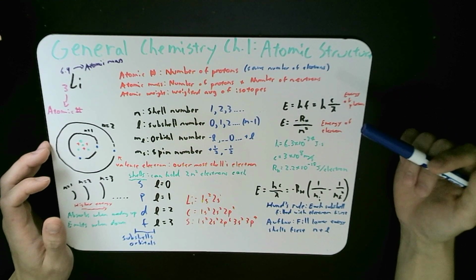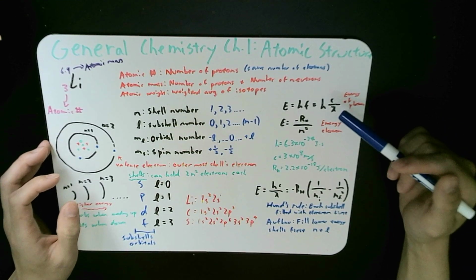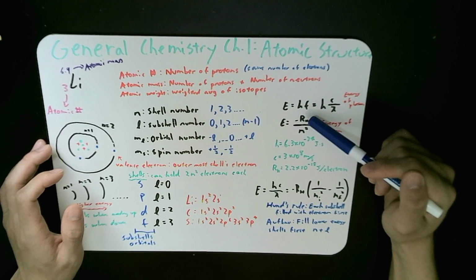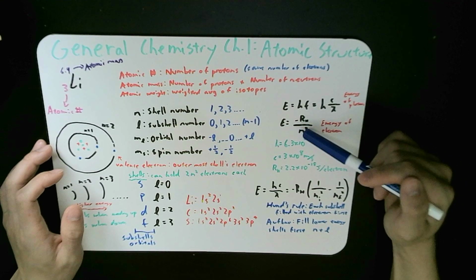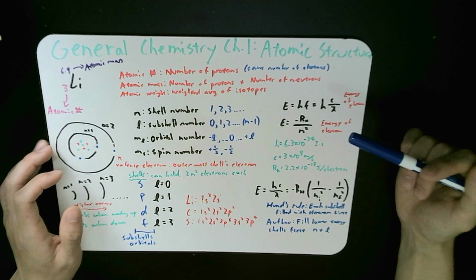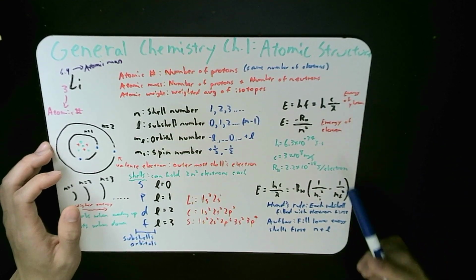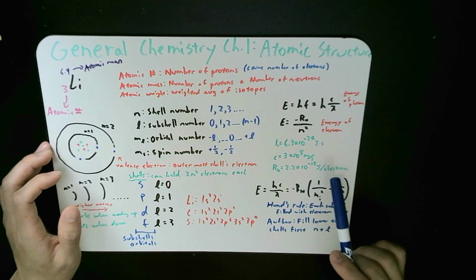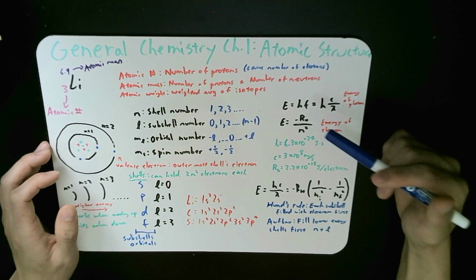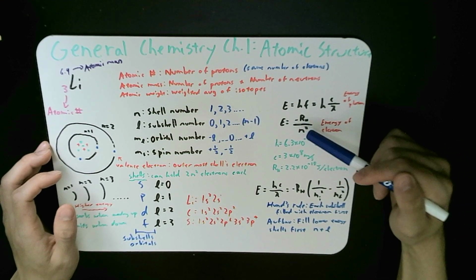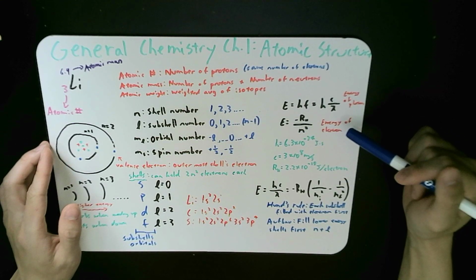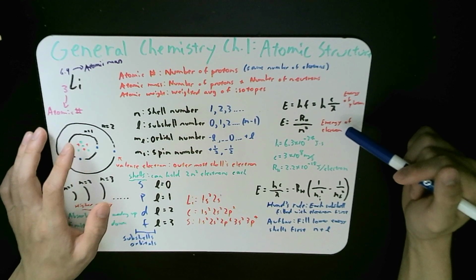We can also use Bohr's model of the energy of an electron, which is negative RH over n squared. RH is an experimentally determined amount of energy per electron, 2.2 times 10 to the negative 18 joules per electron, divided by the shell number squared. That's the energy of an electron in that shell.